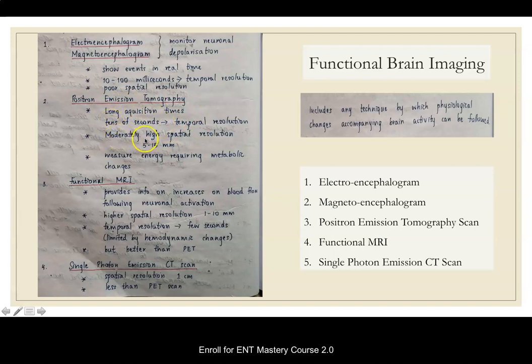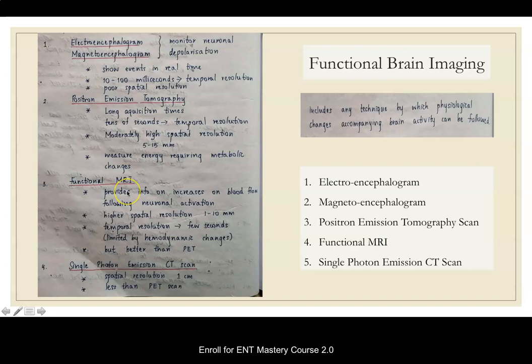It has a moderately high spatial resolution, 5 to 15 millimeters. It measures energy requiring metabolic changes in the body.